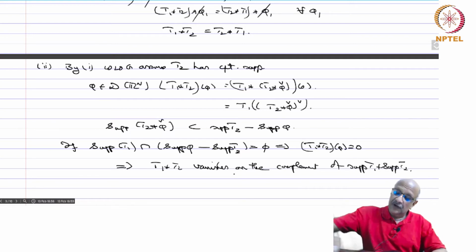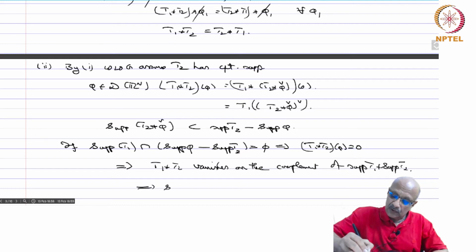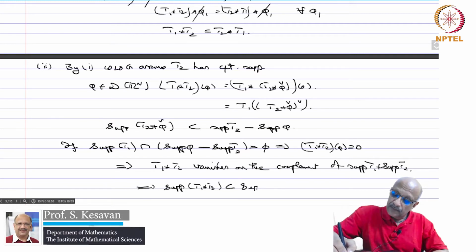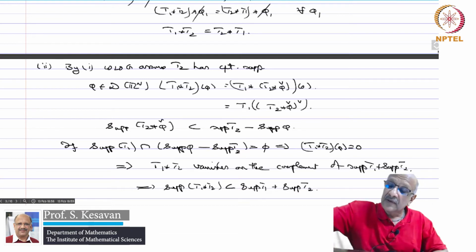From this it follows, and therefore, this means the support of T1 star T2 is contained in support T1 plus support of T2. Okay, so that is the second part.